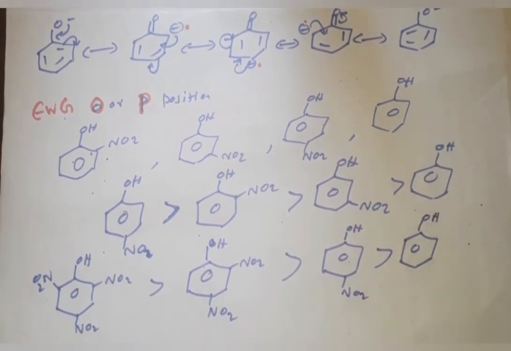So an increasing number of electron withdrawing groups increases the acidic strength.